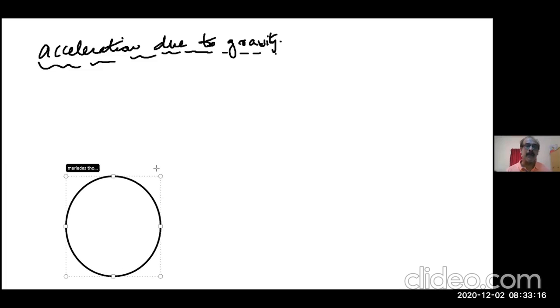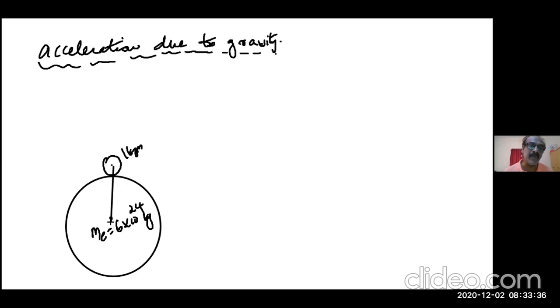Suppose this is the mass of Earth, ME, around 6 into 10 to the power 24 kilogram. Above this, I'm keeping an object of 1 kilo body. Now we are taking center to center here. Always distance you have to measure from the center of this body to the center of this body.